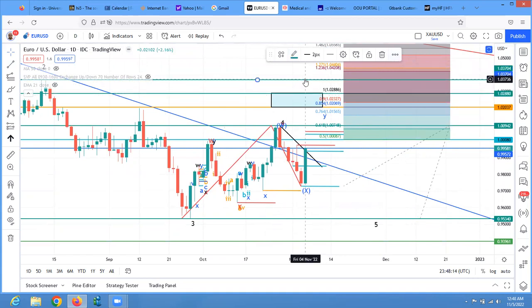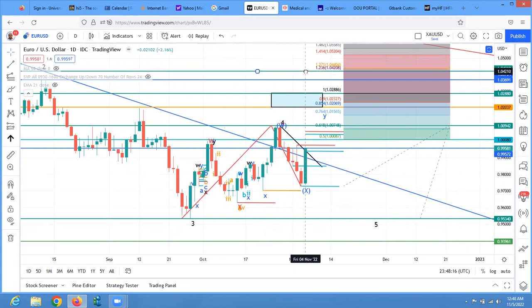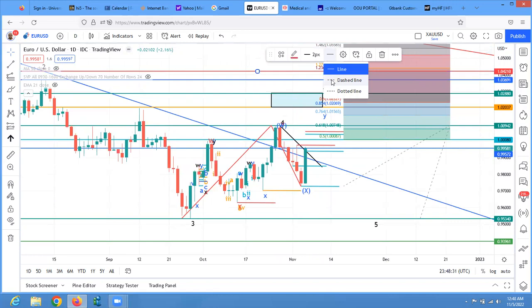This is the 123. Okay. So I wouldn't expect price to do a 123 here. I don't expect this to happen. I don't expect that to happen at all. I will now tell you why I don't expect that to happen.